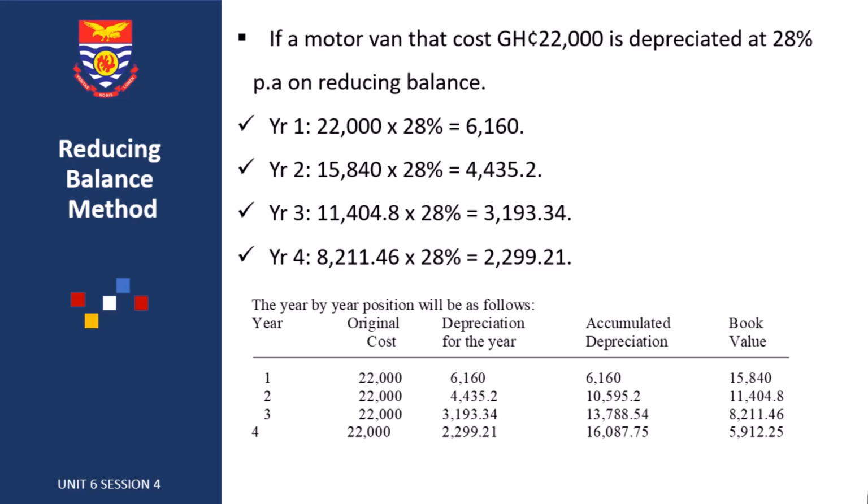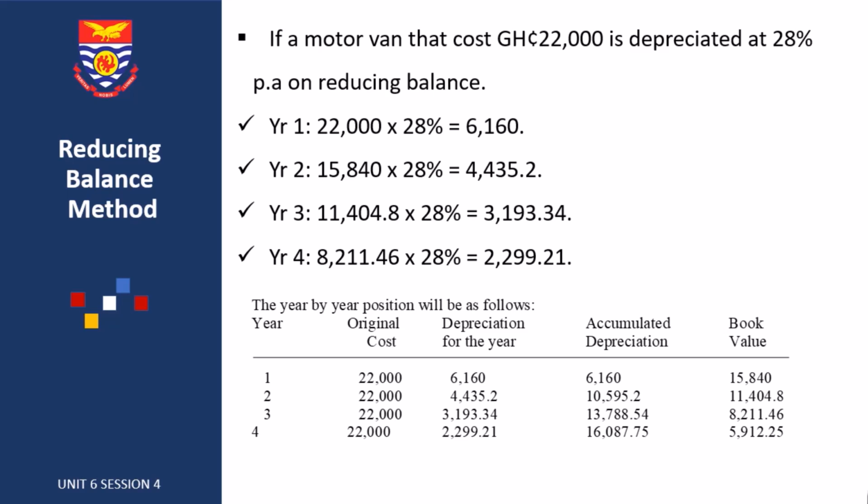Let's look at this illustration. If a motor vehicle costing 22,000 is depreciated at 28% per annum on reducing balance, for year 1, the depreciation charge will be 22,000 times 28%, giving us 6,160.